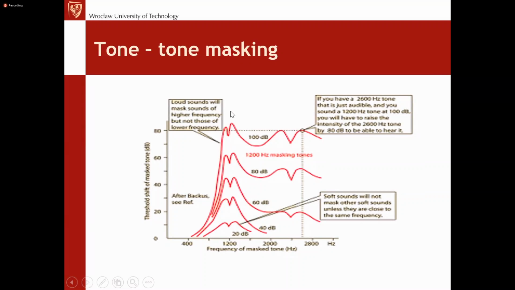So from the lower frequencies, a loud sound will mask sounds of higher frequency only, and for the lower frequencies, the influence of the masking tone is lower than for the higher range of frequency.